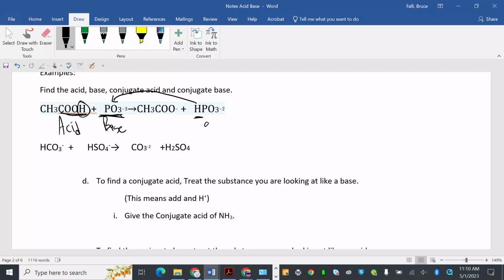Yep, this is an acid, but it's an acid on the right-hand side. That means it's a conjugate acid. This guy right here receives the H from its friend H3PO4. So it's a base, but it's on the right-hand side, so it's a conjugate base.